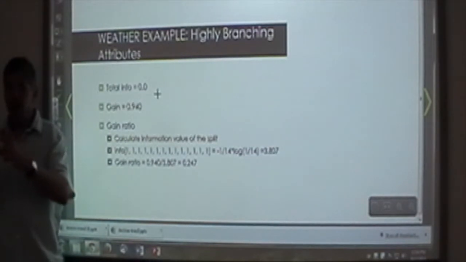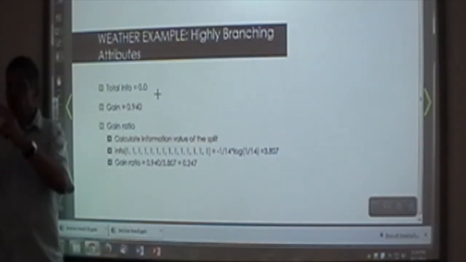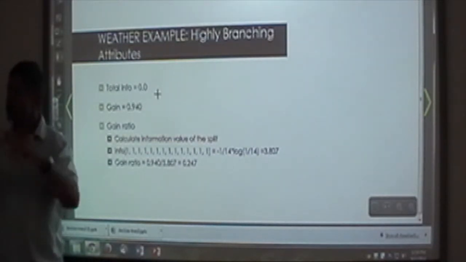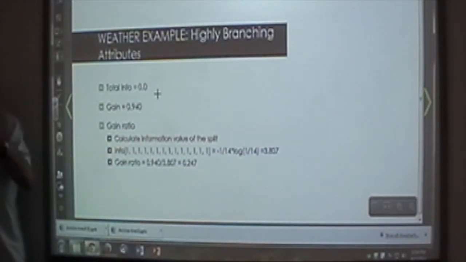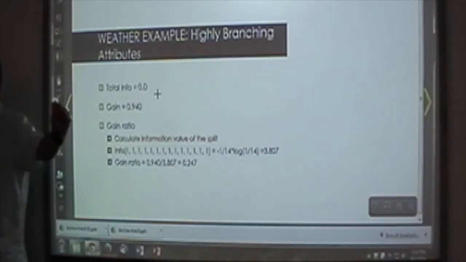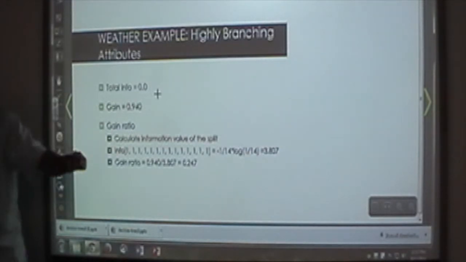The idea is it gives more weight to smaller splits versus larger splits. The issue here is I'm splitting into 2 or 3 classes versus splitting right away into 14 classes, so it's trying to give a lower weight to those larger splits.